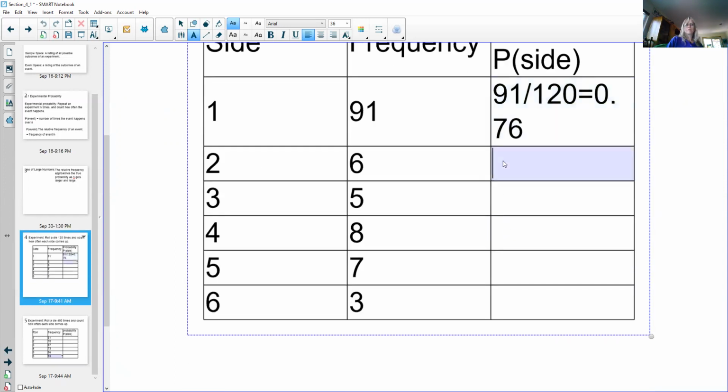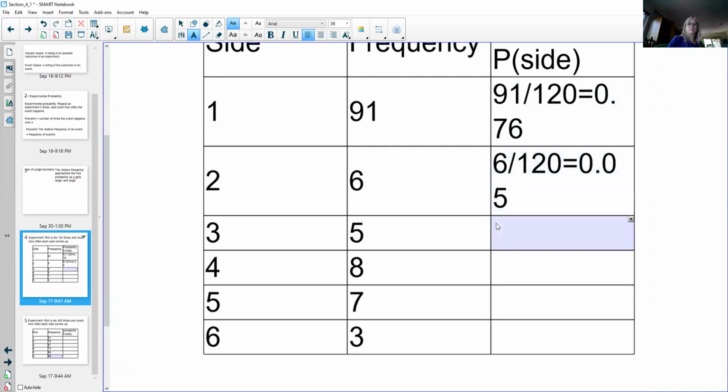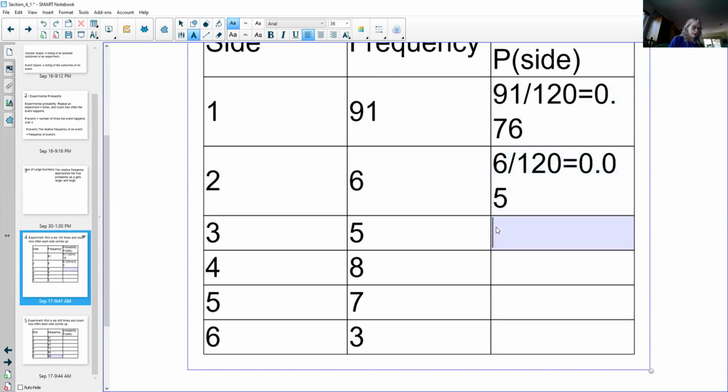I can do the same thing with all the rest of these. I saw a 2 come up 6 times, so it'd be 6 divided by 120, and that is actually equal to 0.05. I saw a 3 come up 5 times, so it's 5 divided by 120, and that's approximately 0.04.